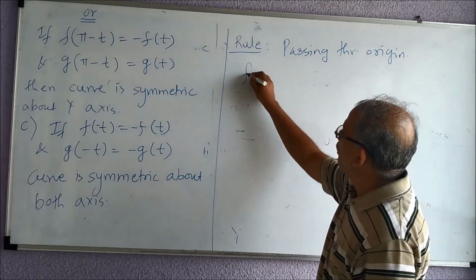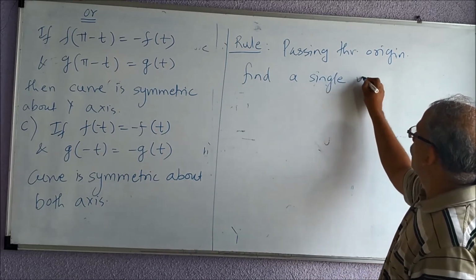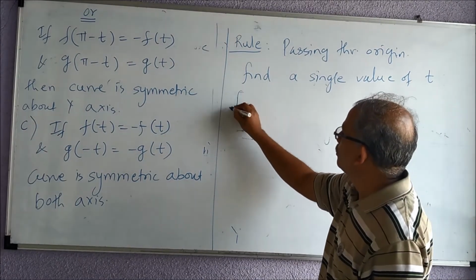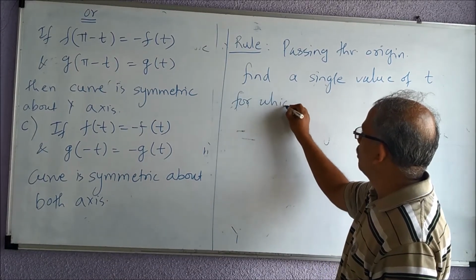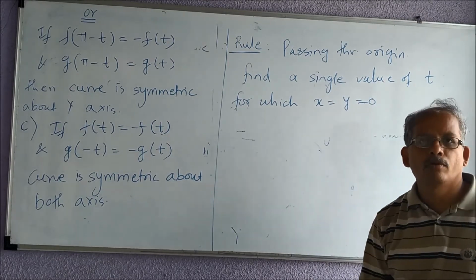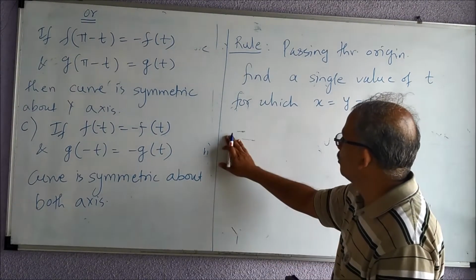Find a single value of t for which x equal to y equal to 0.